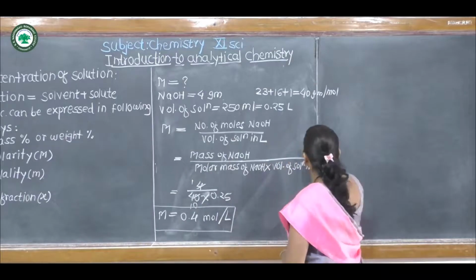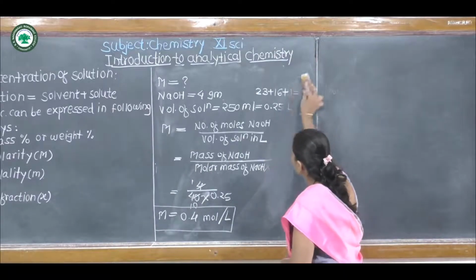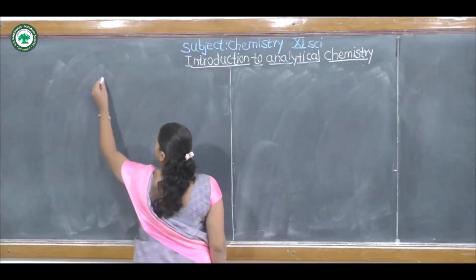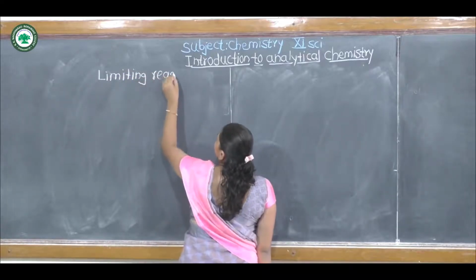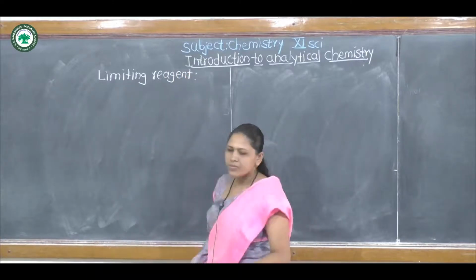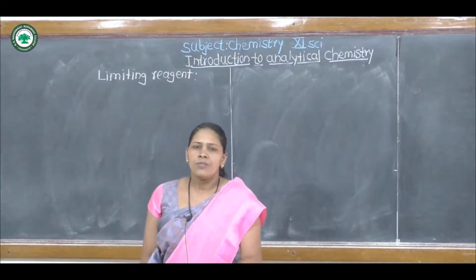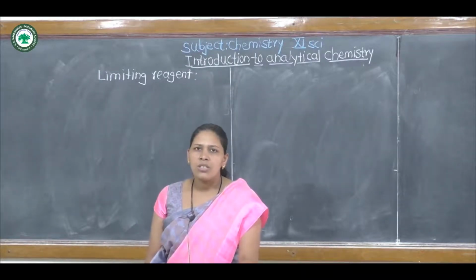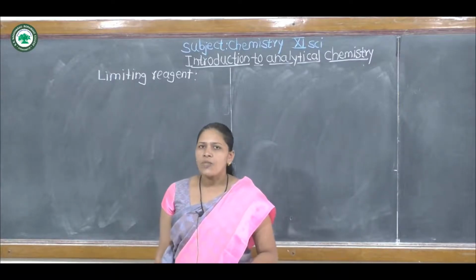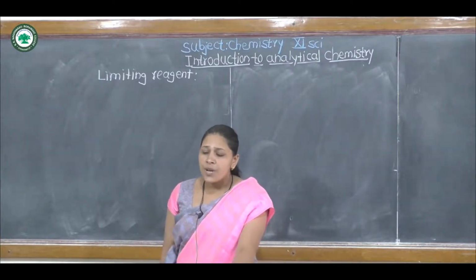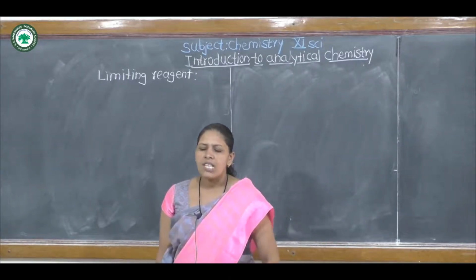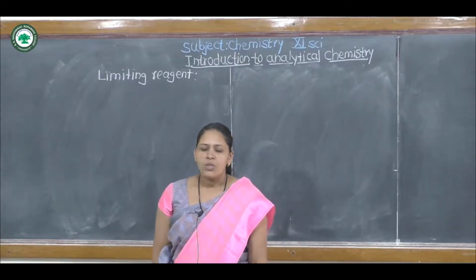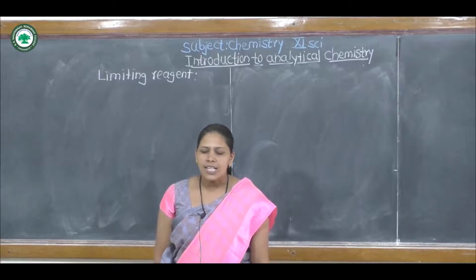Then next point is limiting reagent. When chemist carried out any reaction, then reactants are not present in exact stoichiometric amounts, that is in the proportion indicated by balanced equation, because goal of any reaction is to produce maximum amount of useful compound by using starting material.